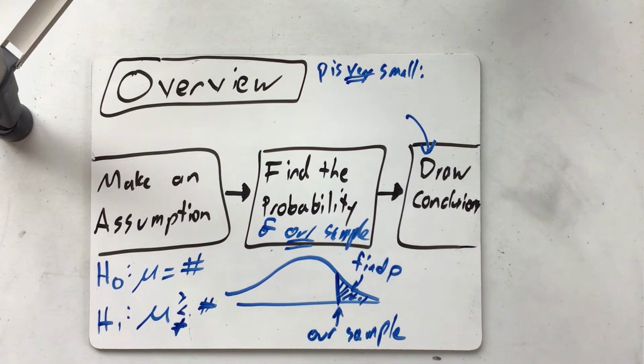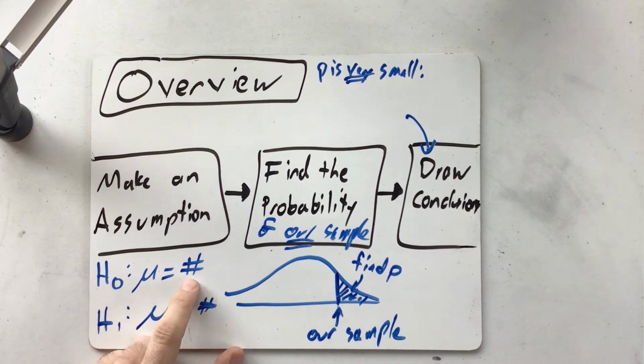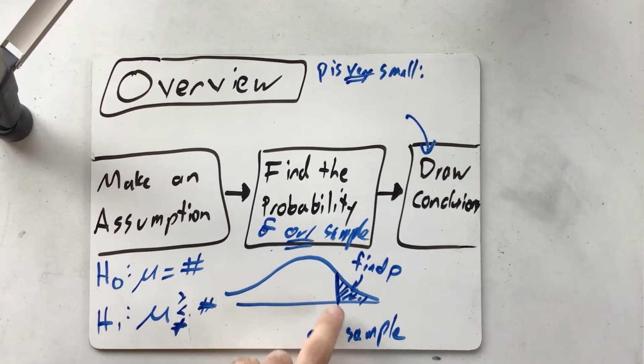So say, for example, we made the assumption that our students were whatever the height of a college student is. I don't know, say 5'8" or something. So we said LCU students are 5'8", and then our sample, our LCU students were so much taller than that, the odds of us just picking out students with that height by coincidence would have been, say, less than 1 in a million. Then you can go one of two ways.